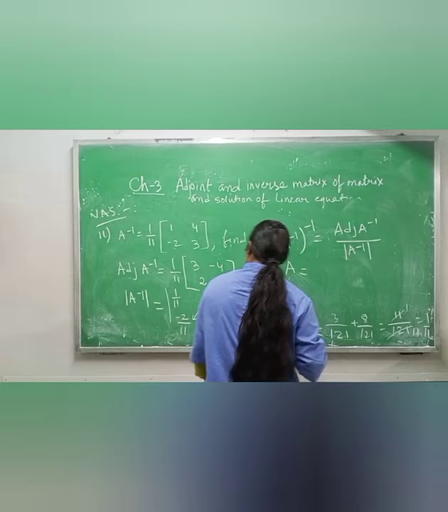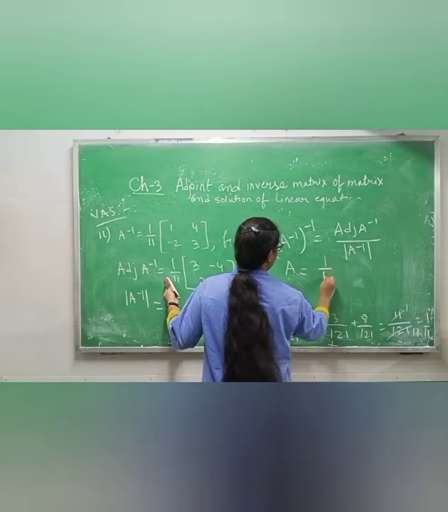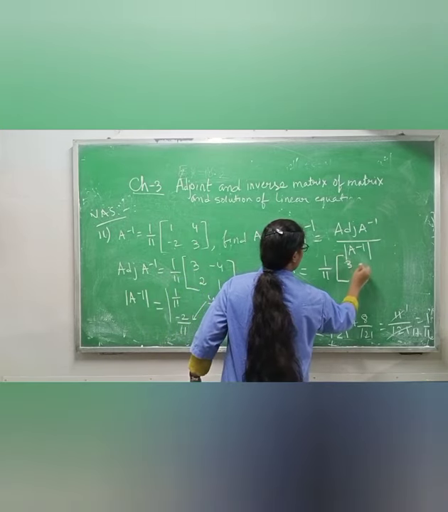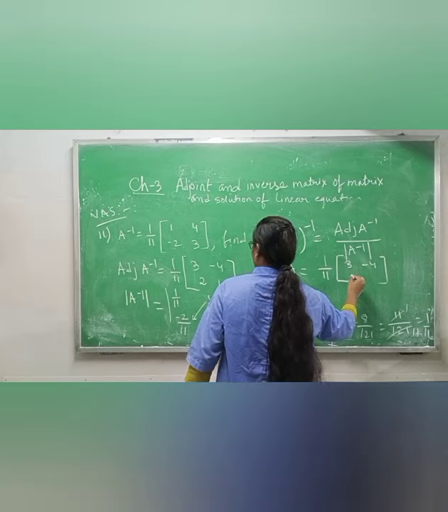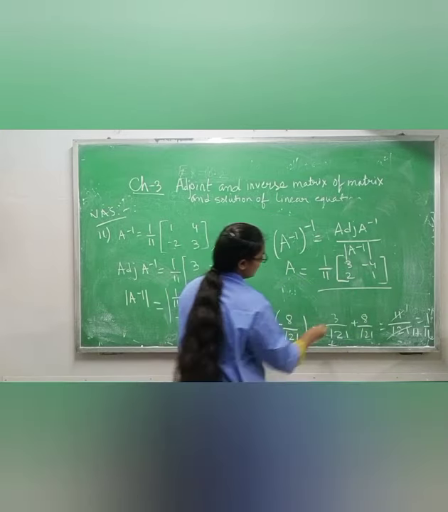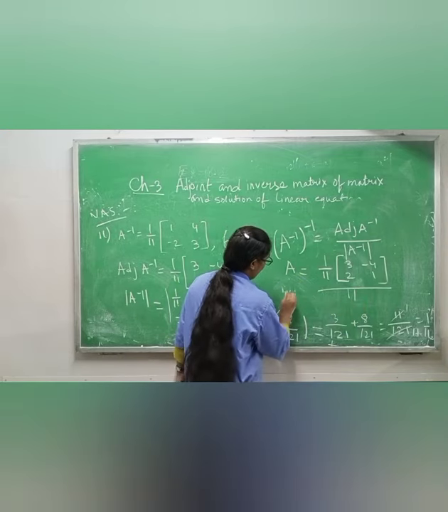And the adjugate A inverse value is how much? This one. 1 by 11 I am writing outside, then 3 minus 4, 3 minus 4, 1 by determinant A. Determinant A is 11. Okay. Up to here I think you all are understanding.